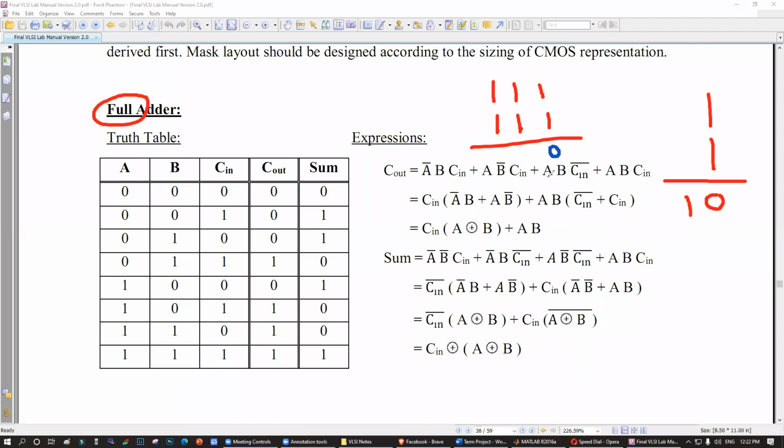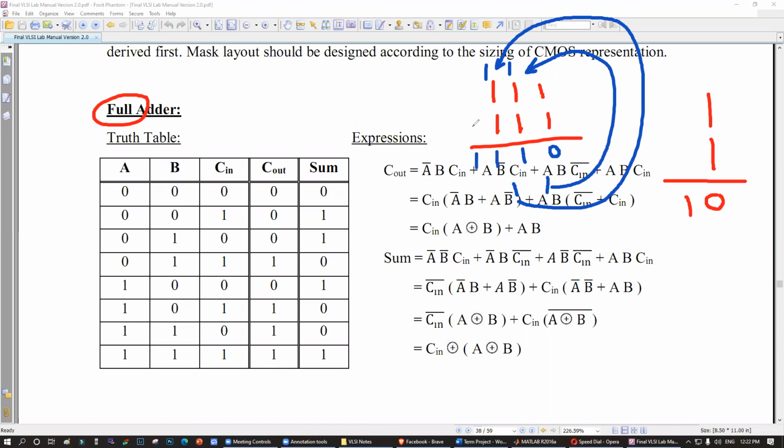Now you have 1 that will go to the next place, the one that stays in your hand. So this is 1 plus 1 plus 1. The result is 1 1, that means 3. So you have your 1 here, and 1 extra in your hand. That is your carry. That will go to the next place. So 1 plus 1 plus 1. Again, the result is 1, and you have 1 more extra that will come in front.